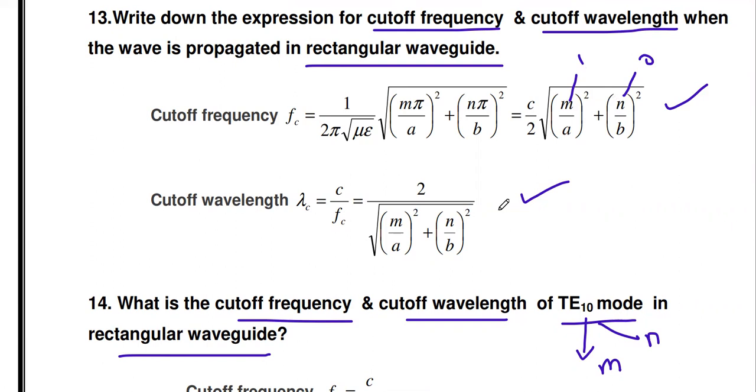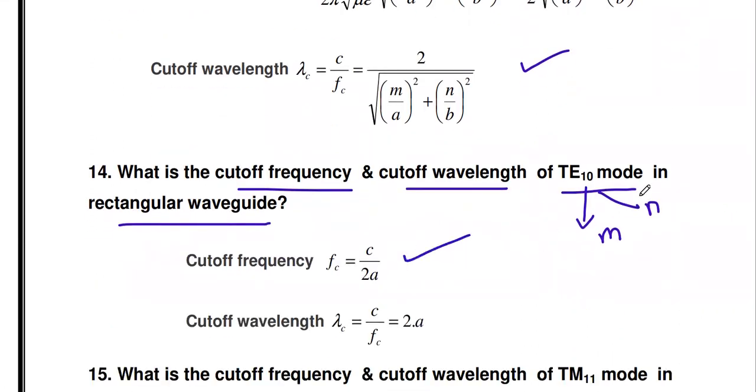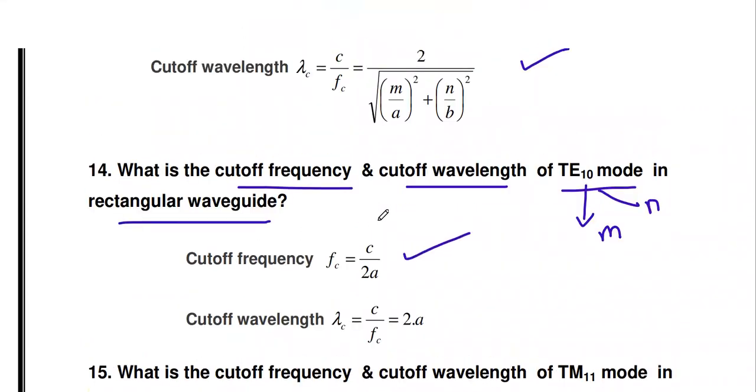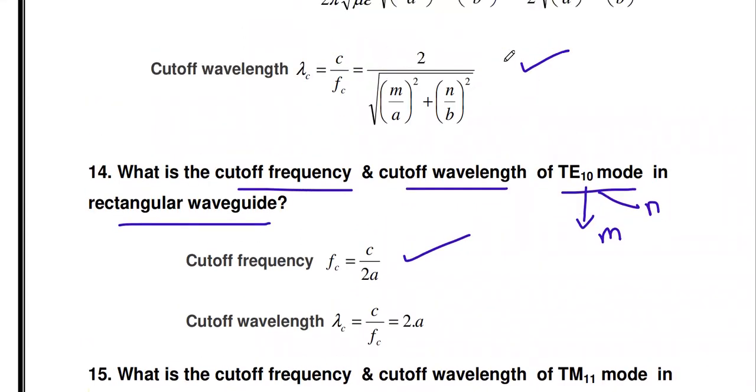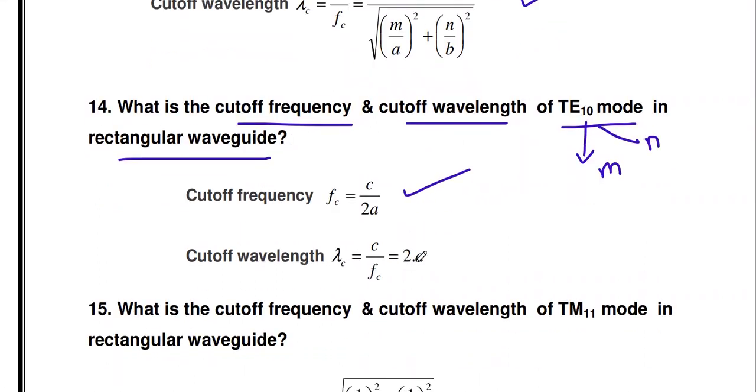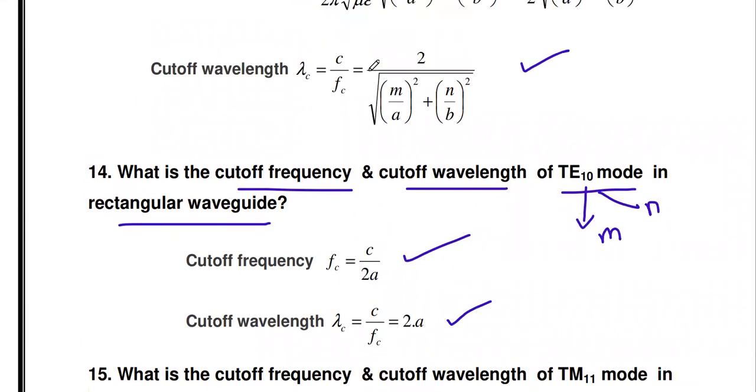Then we get c divided by 2a. So for the dominant mode, the cutoff frequency is c by 2a. Similarly, substituting the m and n values in the cutoff wavelength formula, you get the cutoff wavelength equal to 2a. This formula is valid only for TE10 mode, since depending upon the m and n values, the cutoff frequency and the cutoff wavelength will vary.